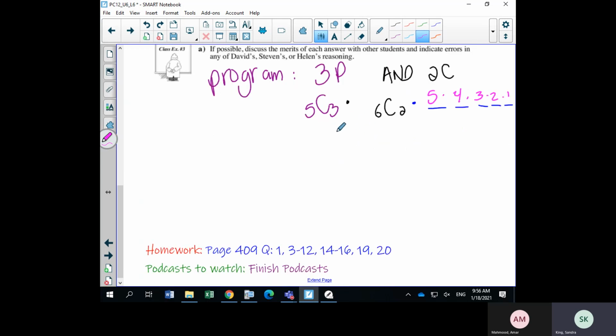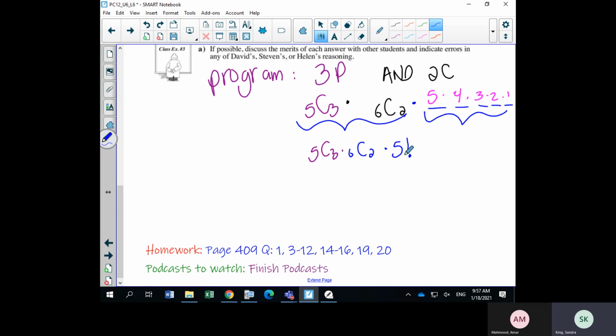Because we're not just selecting songs, they've tacked on that word, the order of the composition matters. The answer is 5 choose 3 times 6 choose 2, times, as soon as they say order matters, because there were 5 songs, the order of those 5 songs matters. It becomes a permutation at the end.